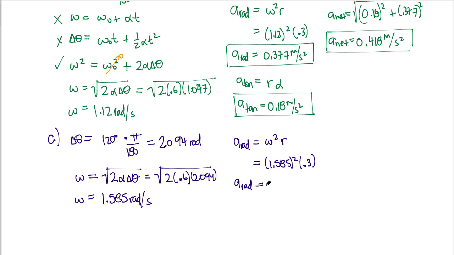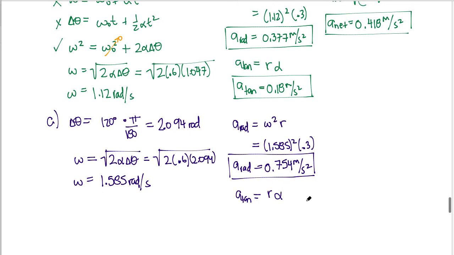Sorry, I take that back. I read my calculator wrong. 0.754 meters per second squared. So that's my radial component of acceleration. And now my tangential component, since that is equal to just r times alpha, is still the same as it was this entire time. And so that's going to be still 0.18 meters per second squared.